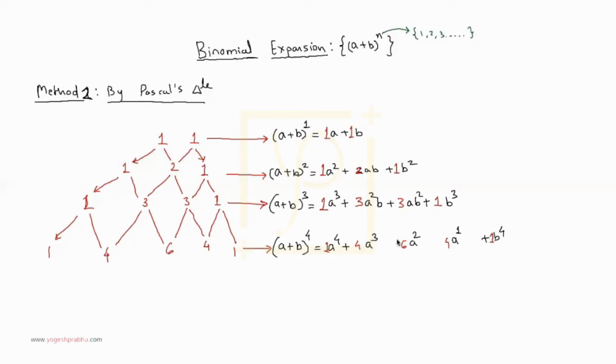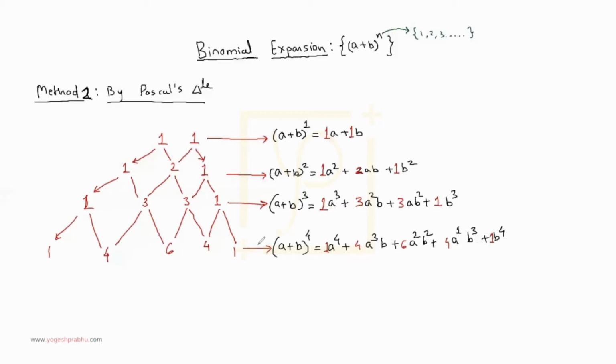Of course, we'll write down plus signs in between. So this is plus, then this is plus. Now what happens to b? As a reduces, b increases. So you will have a cube b, then a square b square, then a raised to 1 b cube, and finally b raised to 4. So basically you have to understand that the power of a reduces, and the power of b keeps on increasing. So there is a trend for sure.